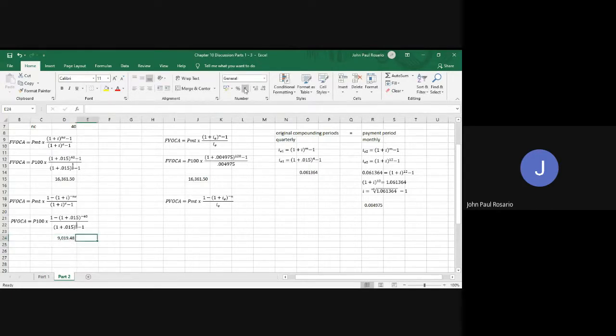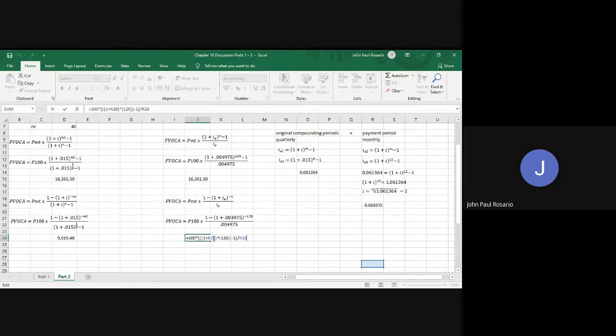So now let's try my way. I'll just copy it here and place it here. Make this a PV ordinary annuity, and this becomes one less, and this becomes negative. With that, I hope I will arrive at the same answer as well.